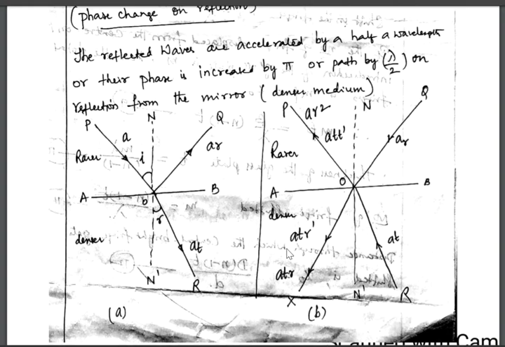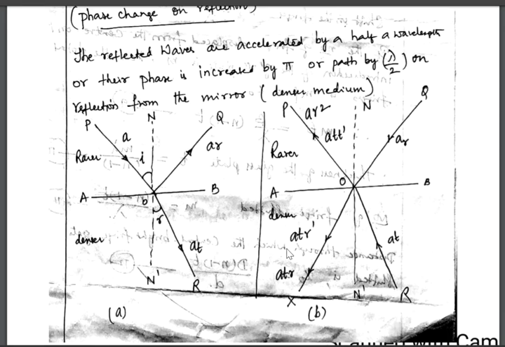And similarly, if the ray is incident along QO, AR is reversed, all are reversed in this figure. AT and AR are reversed. So AT will undergo reflection. The reflected part in the denser medium is AT into R dash, where R dash is the reflection coefficient in the denser medium.